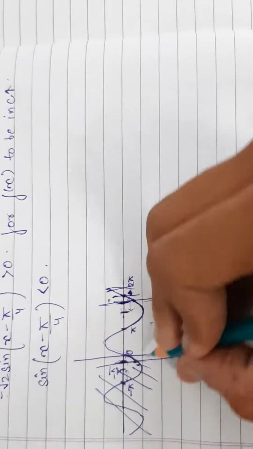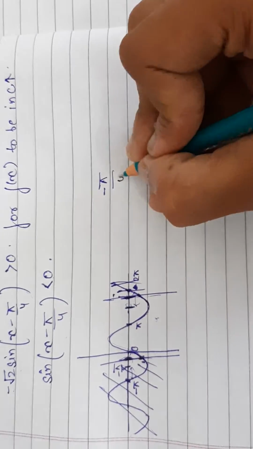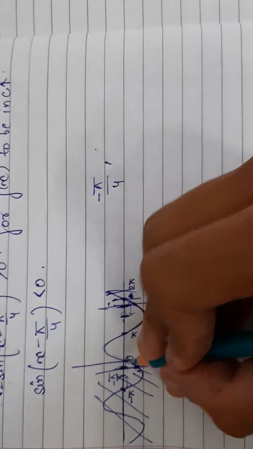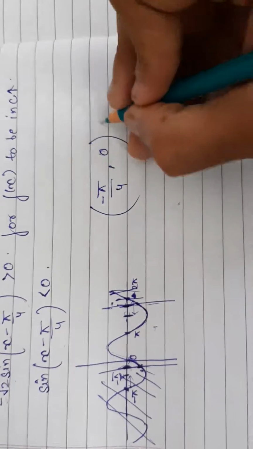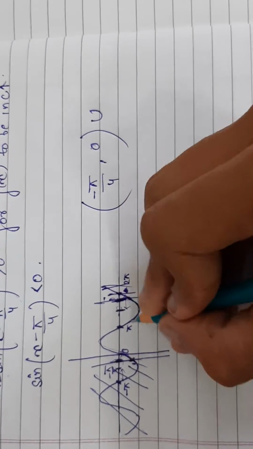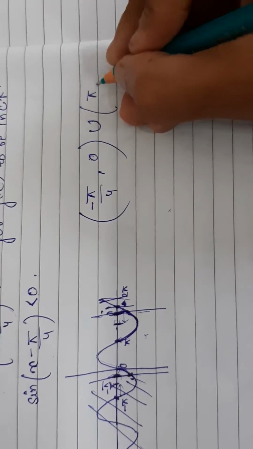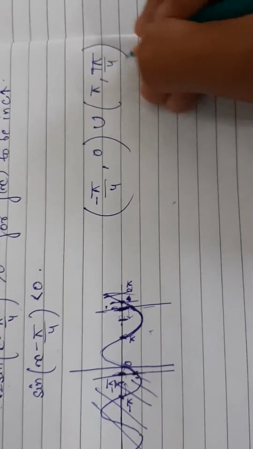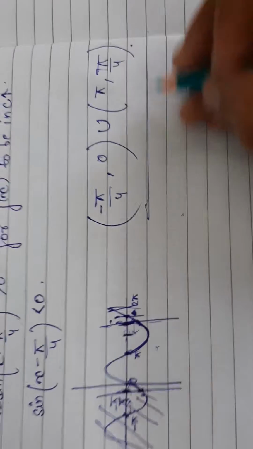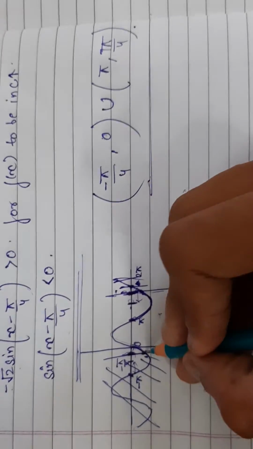Here minus pi by 4 is there, so it is between minus pi by 4 to 0, and union pi to 7 pi by 4. So this is the region where sin(x minus pi by 4) will be negative.